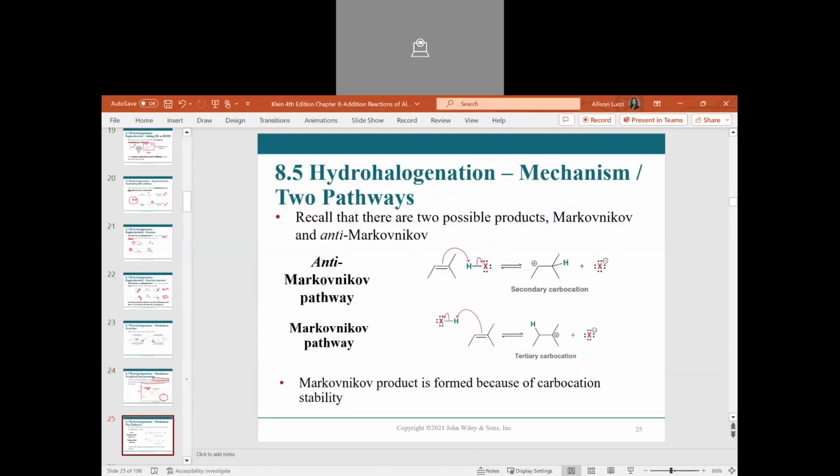So again, just to review, when we have Markovnikov and anti-Markovnikov products, we can base these on carbocation stability. So remember, there could always be rearrangements that occur, and carbocation stability is key when we look at our potential products.